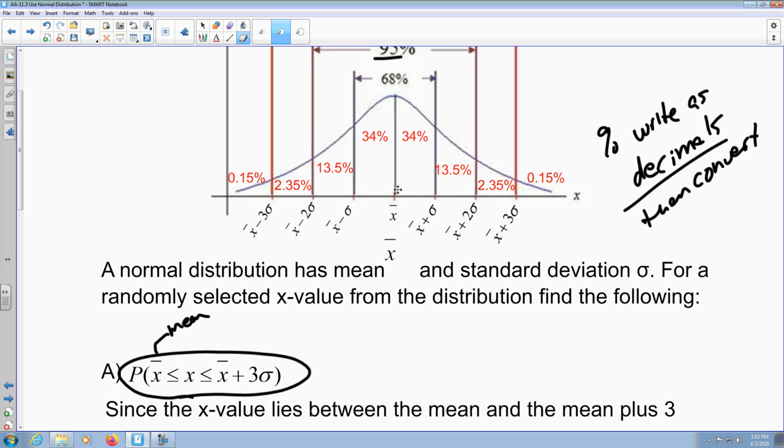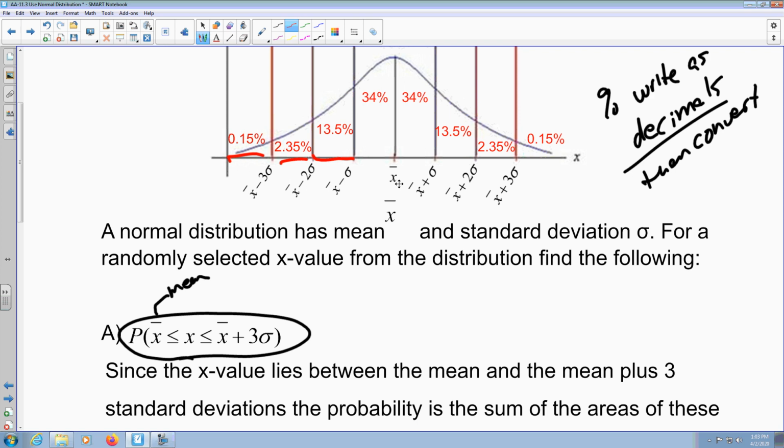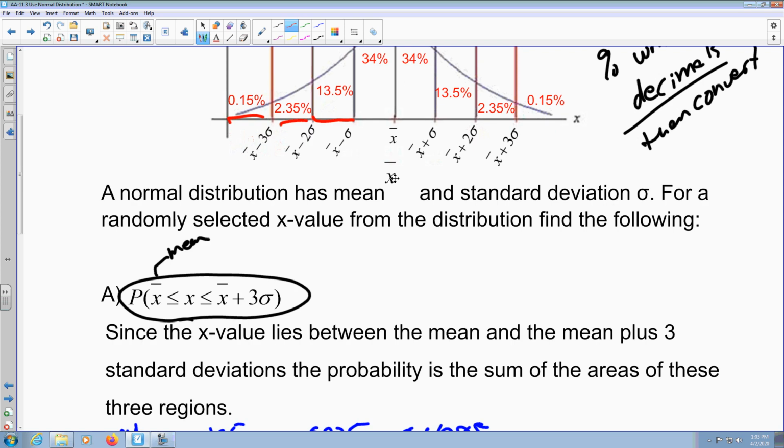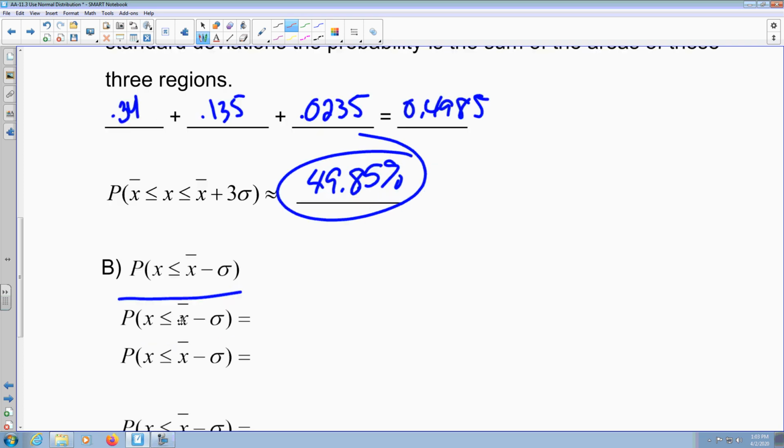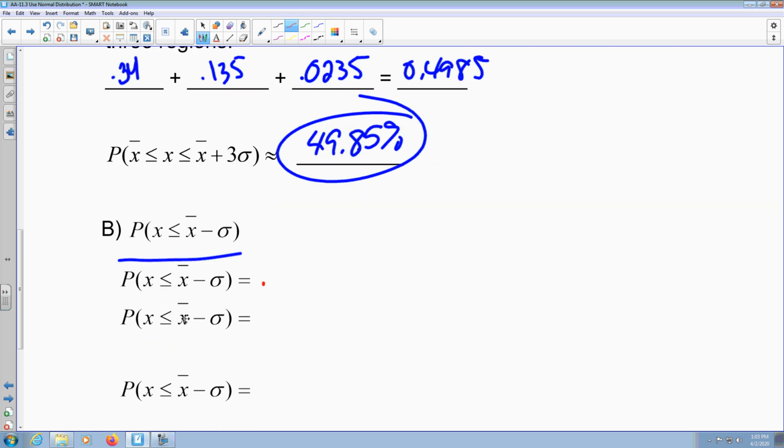Values that fit that particular piece of data are going to be here, here, and also there. Those are all less than or equal to this value of x, whatever piece of data you're trying to find.